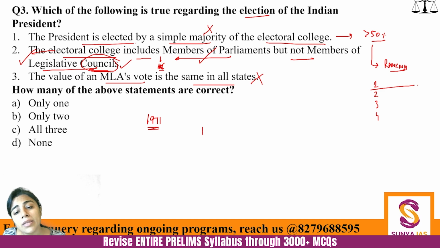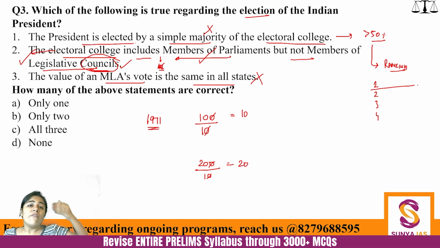Now let's say 10 seats are allocated to a particular state legislative assembly. In 1971, the population of this state was 100, so the value of each MLA becomes 10. Now in 2023, the population has become 200, but the number of seats remains the same, so the value becomes 20.